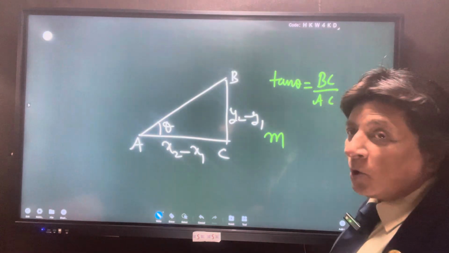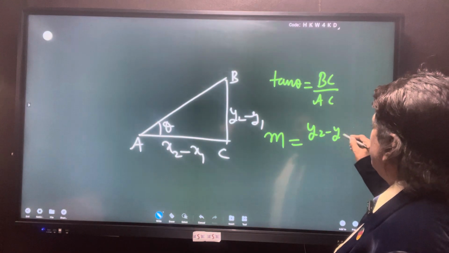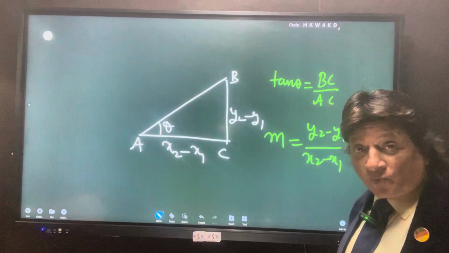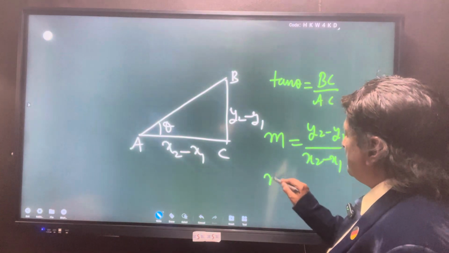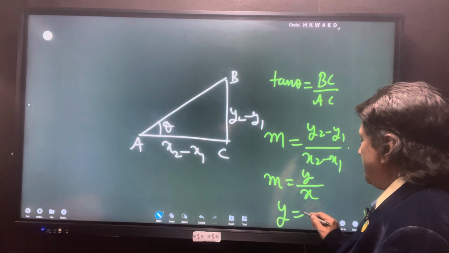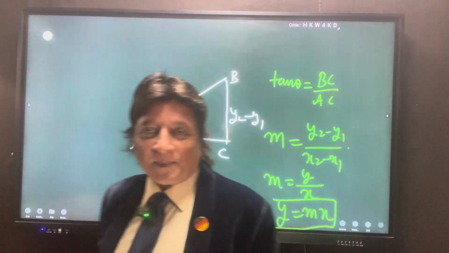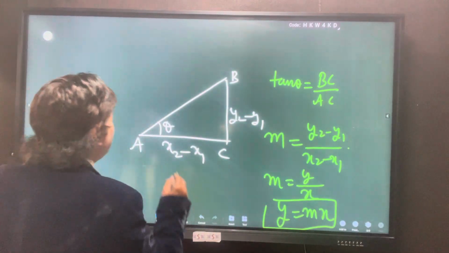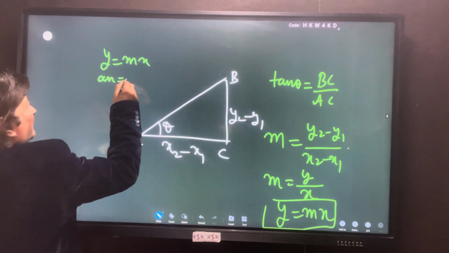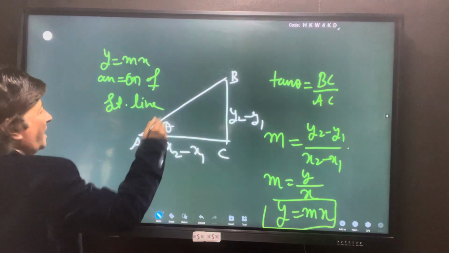Tangent theta is called slope m. BC is y2 minus y1, AC is x2 minus x1. So y2 minus y1 is y, x2 minus x1 is x. So y is equal to mx. This is the equation of a straight line.